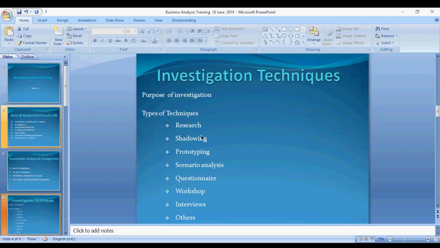So the only way you could do it in this scenario, because that's why I said you have to determine the technique that you need to use to gather your requirements. In this case, I have about 300 staff that I need to collect the information from.